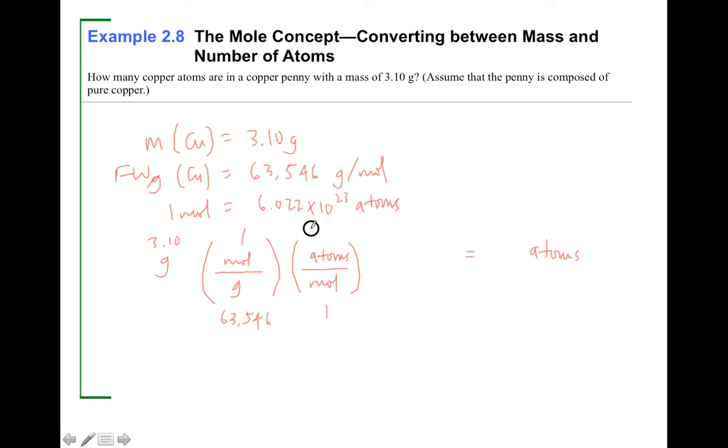Looks like 1 mole gives 6.022 times 10 to the 23rd atoms. Okay, so let's say 3.10 times 6.022 times 10 to the 23rd divided by 63.546.